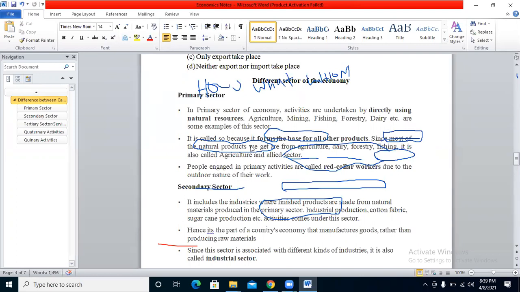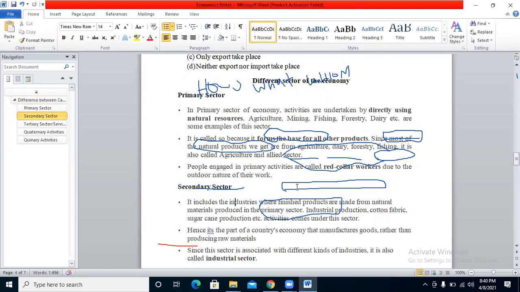People engaged in the primary activities are called red collar workers, the workers who are involved in agriculture or other primary activities.